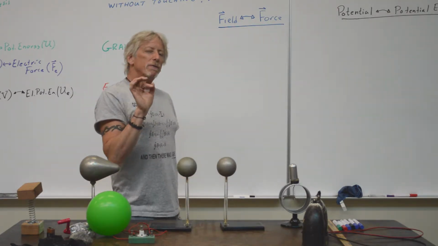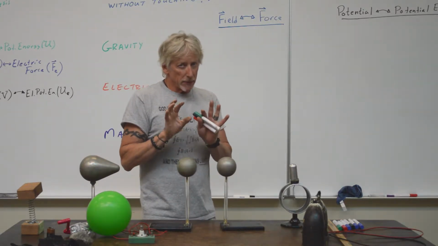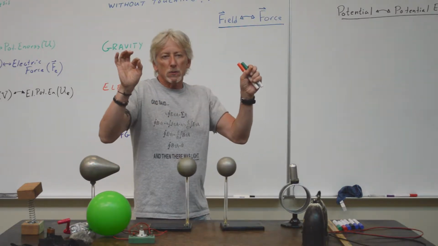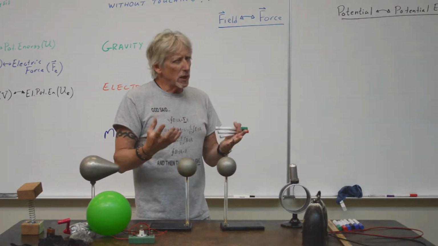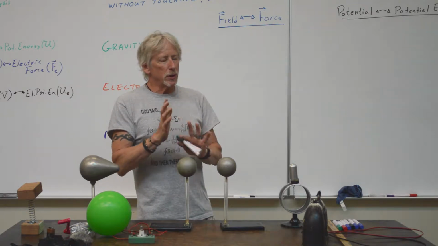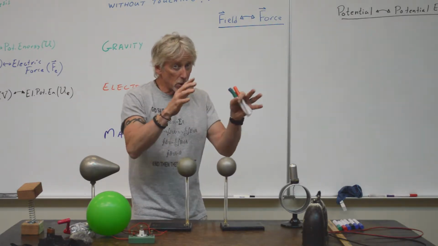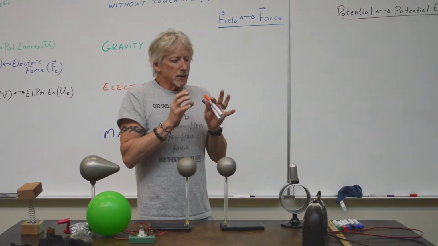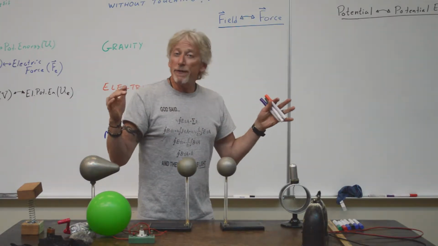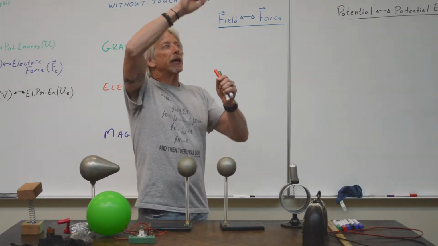So what a field is, is something that has an amount. You can think of it as a strength, but it's not quite force, so you have to be really careful as you're learning this. Don't overthink the why of it, just go with it. It's something that has a value, a magnitude of a field at every place in the room.